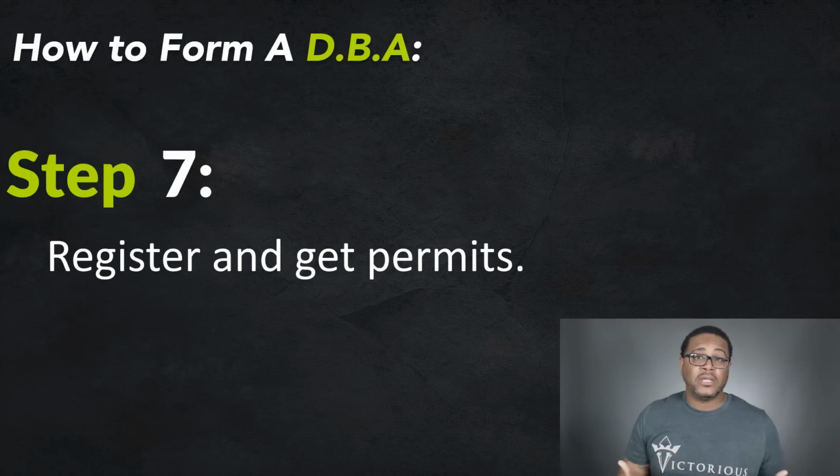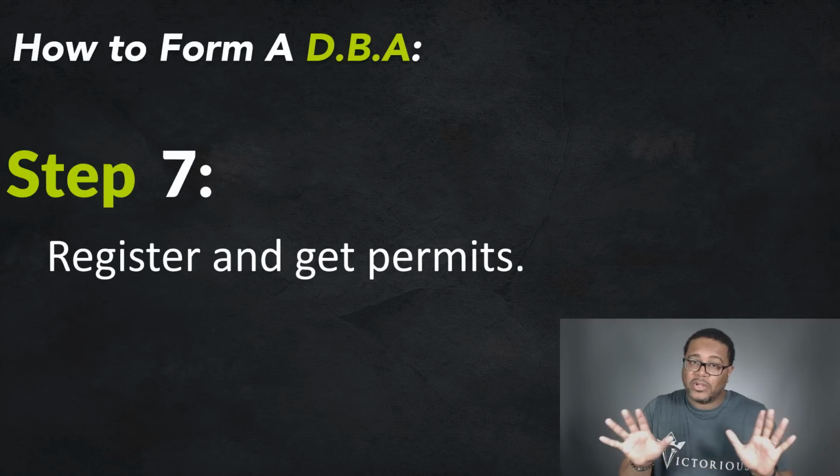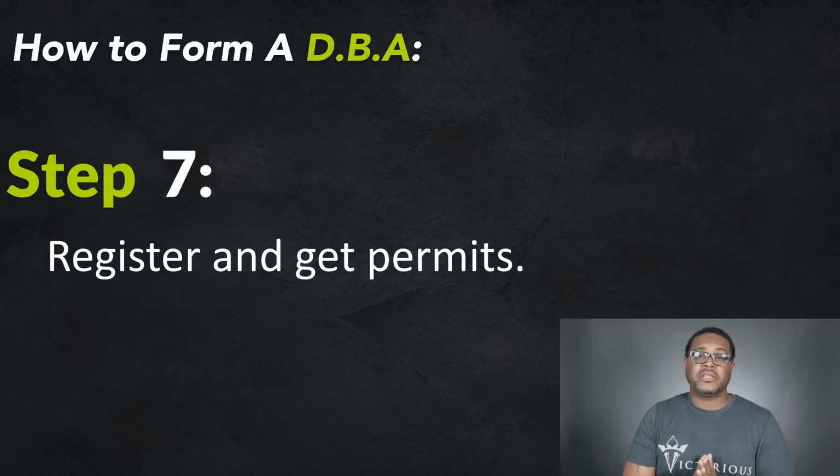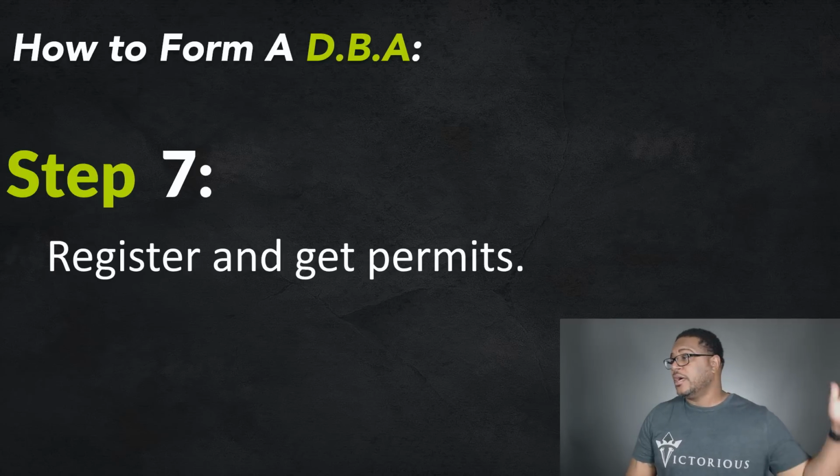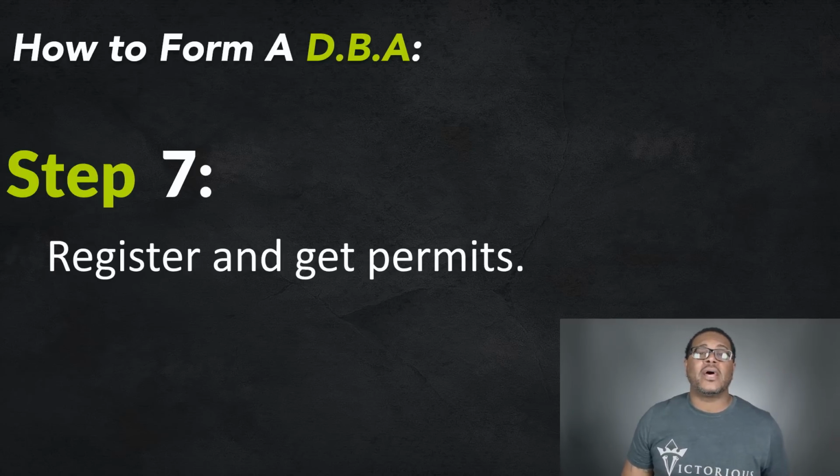Depending on where you are, you may be required to get a business license from your city. You may be required to register with other tax departments. There may be a lot of other things that you may need to do, permits that you may need to have, zoning. It could be a whole lot of things.